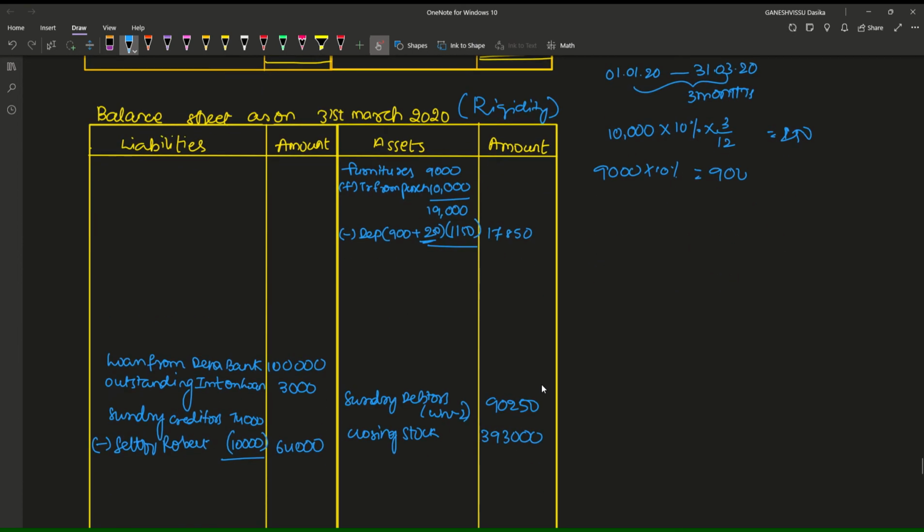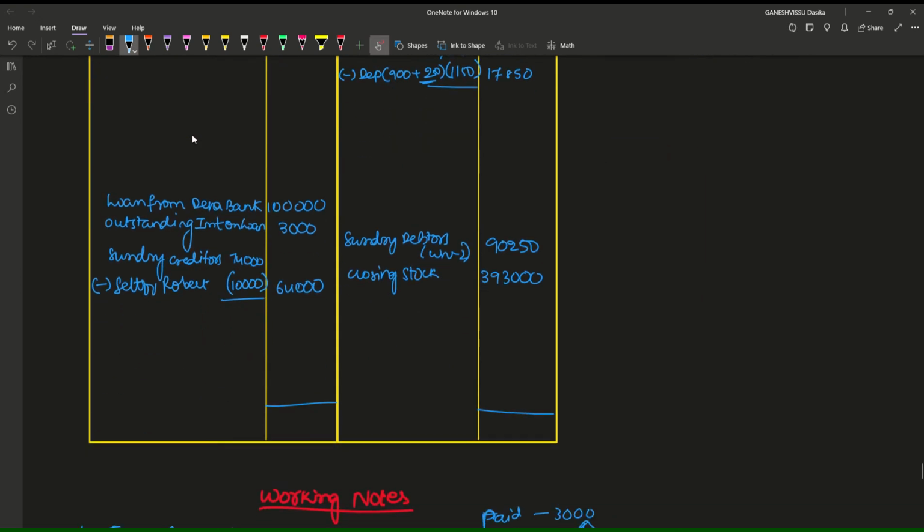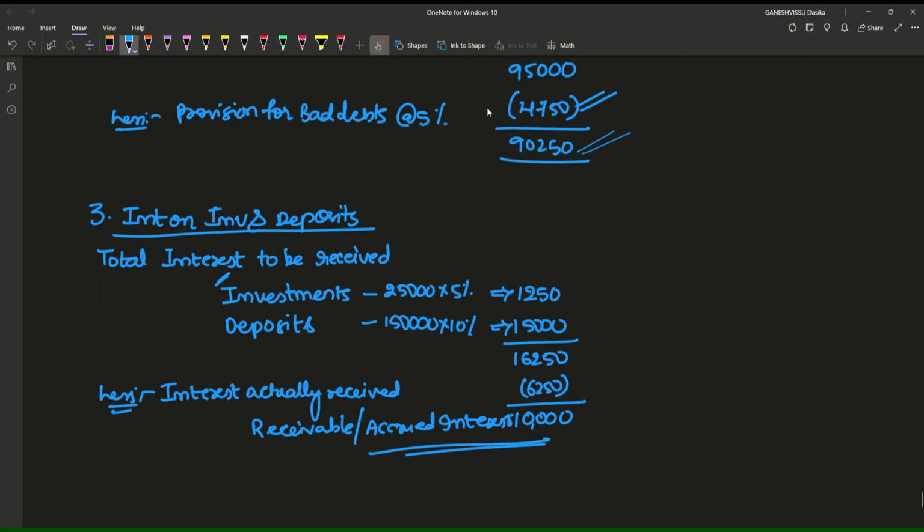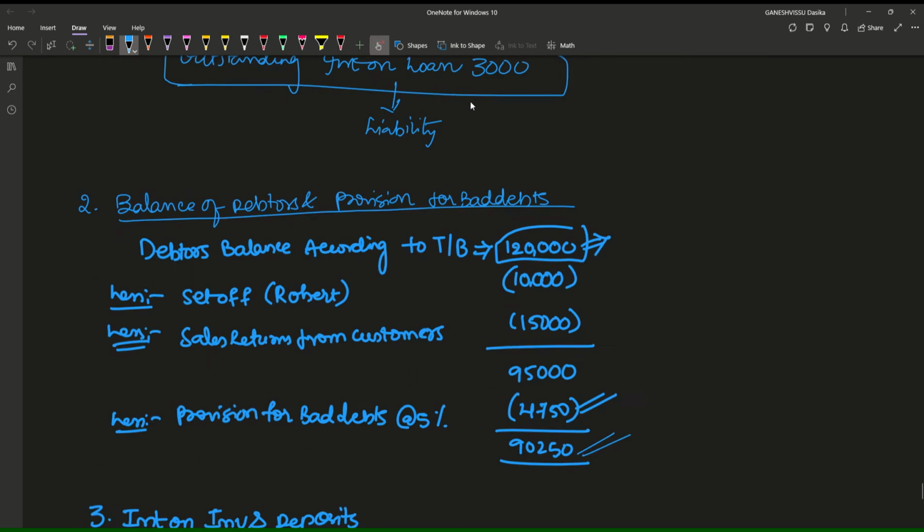It is receivable, that is an asset side. So let us write investments at the rate 5%. This is the interest, but we are writing the value of investments, which is 25,000 rupees.